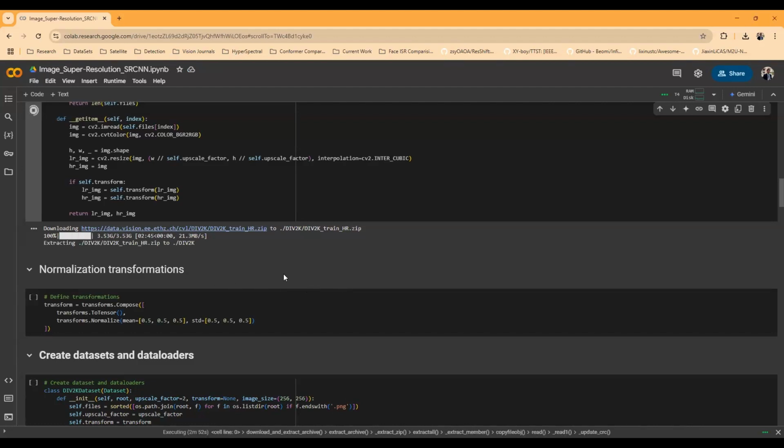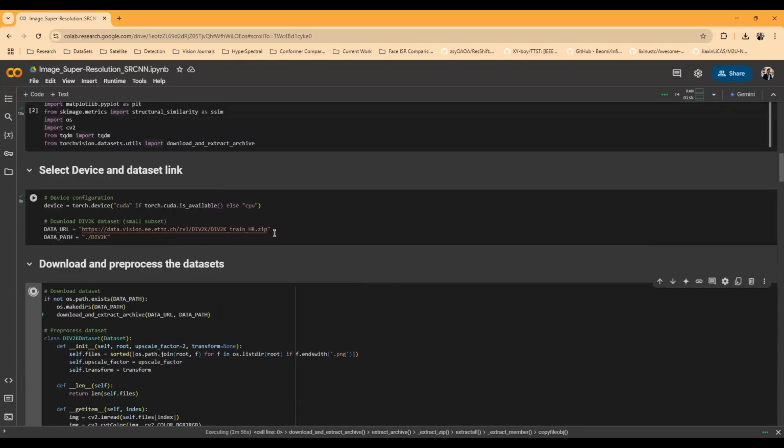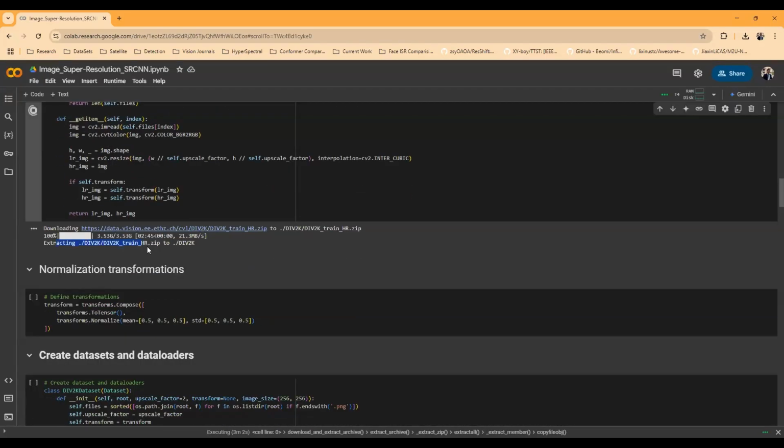Okay, the dataset has been downloaded, and you might have noticed that the downloaded file is in zip format. So we are extracting this dataset to a particular folder in our drive where this notebook is running.